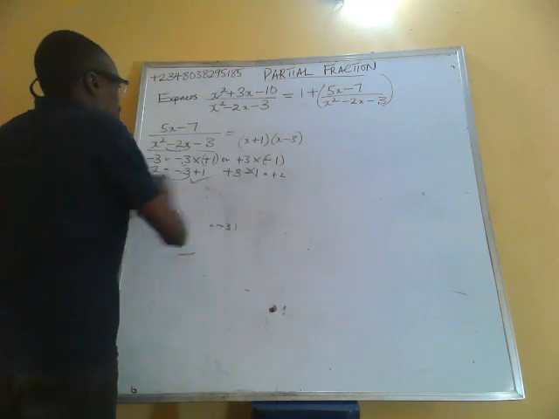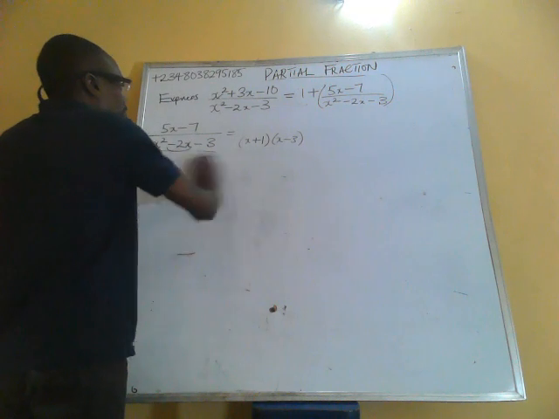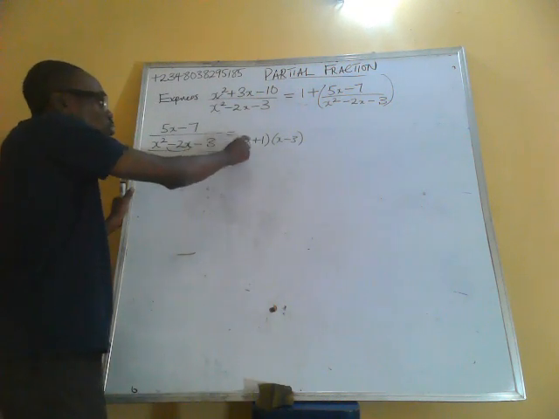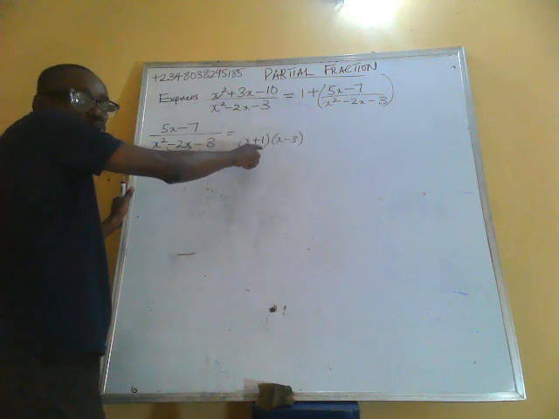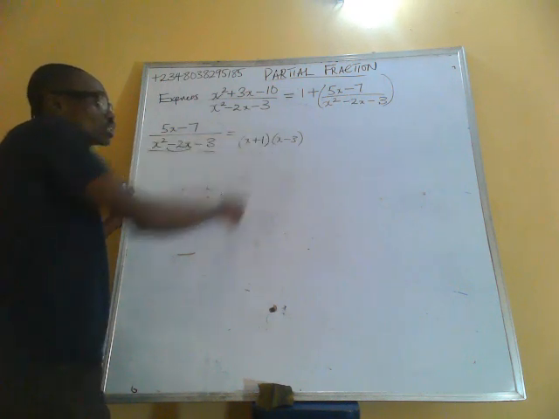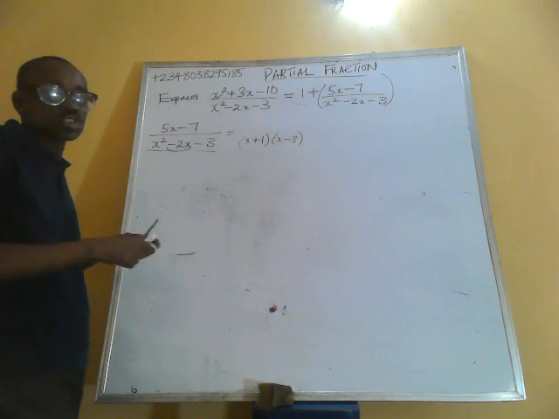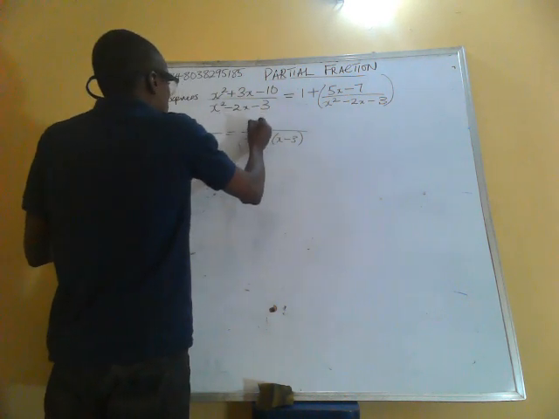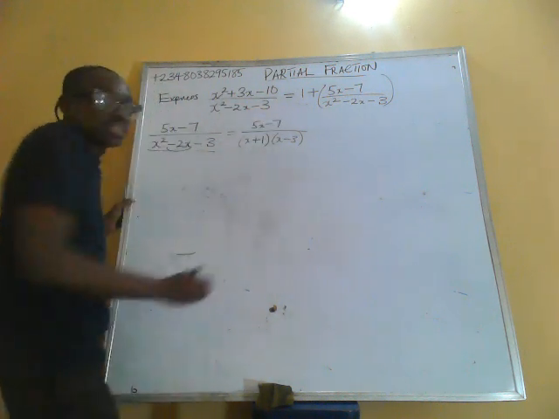So we've already factorized. We have that x squared minus 2x minus 3 is equal to x plus 1 in brackets and x minus 3 in brackets again. So we have 5x minus 7 in the numerator.